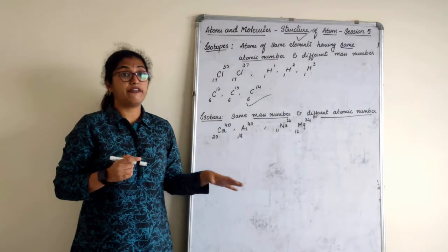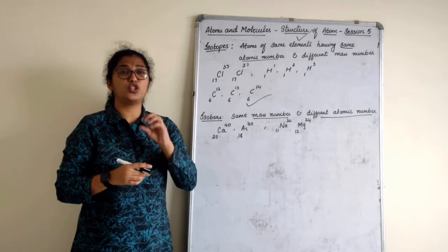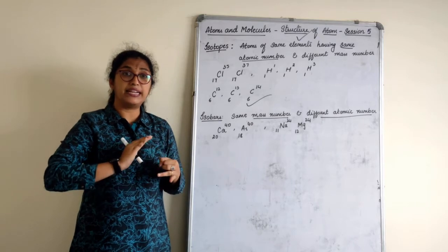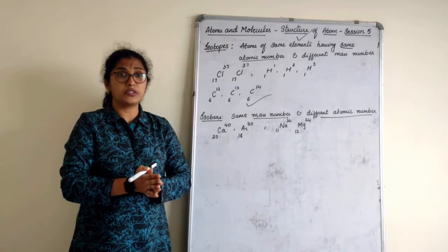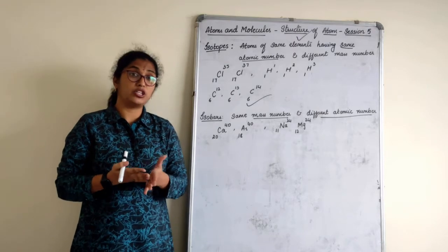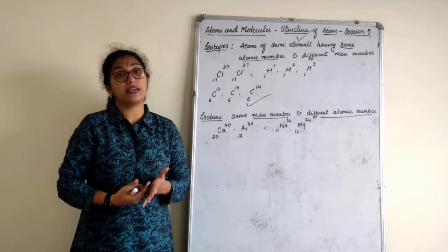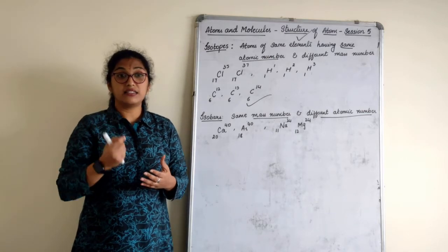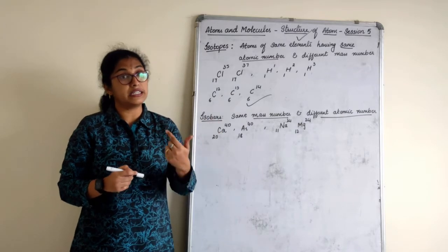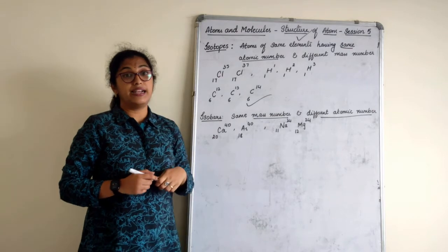Apart from that, what I told you in textbook page number 37, polyatomic ions, you have to just learn those valencies like carbonate, sulfate, all those things, right? So our next major thing is now making chemical formulas. How do we write a chemical formula? That is done with the help of valencies. We'll be doing that in our next session, and that comes in the chapter Atoms and Molecules.